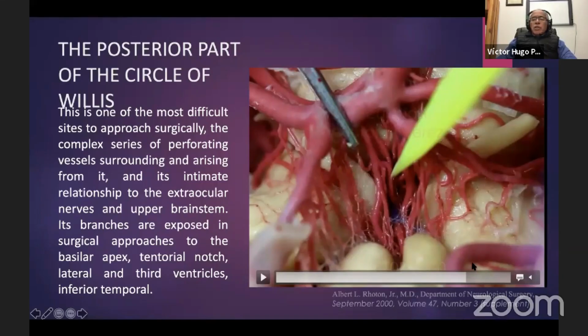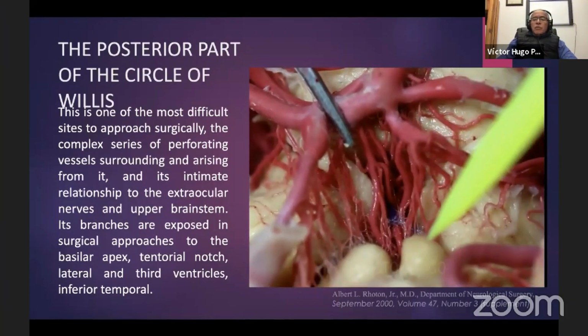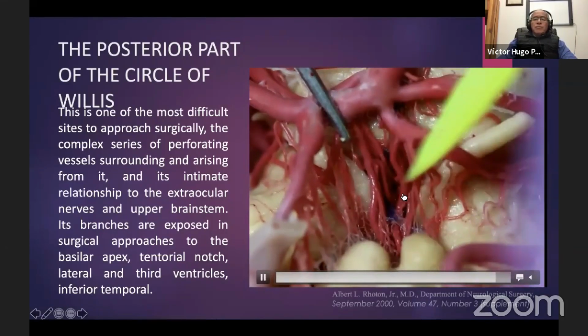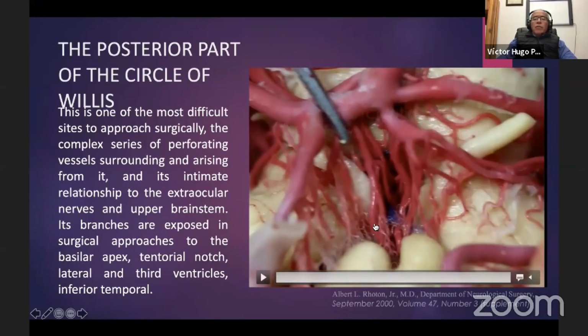We don't have connection with the anterior circulation. Here we can also see the thalamo-perforating artery, the biggest of this group of arteries coming from the tip of the basilar artery, and they overlap with some branches coming from P1 on both sides.